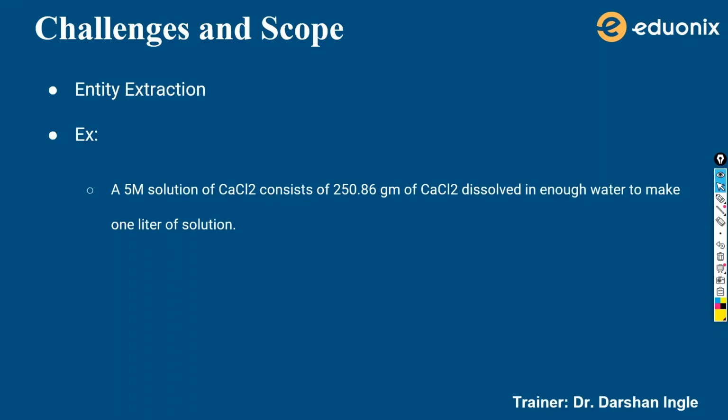Now, what is the problem over here? Understanding and extraction of CaCl2 as an entity in this context is going to be a complicated task, right? So what is CaCl2? Understanding that this is a molecular formula, so my machine should also understand chemistry in this case. So all these things come in the entity extraction task.